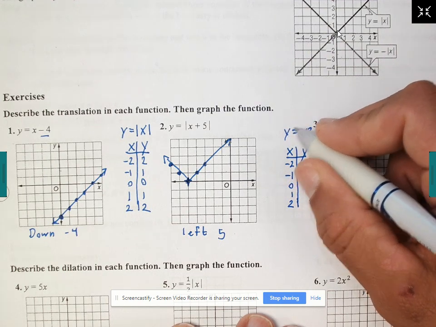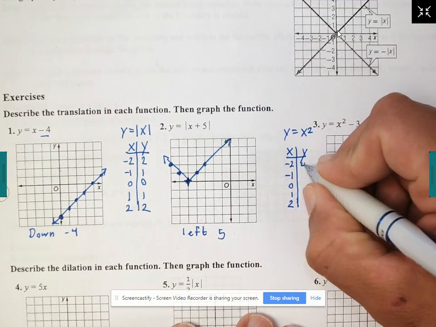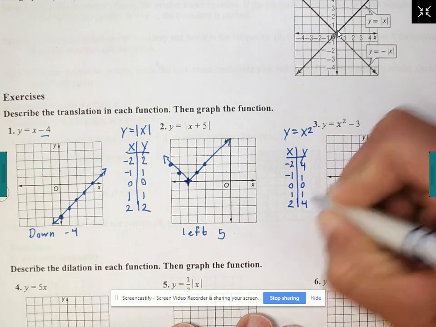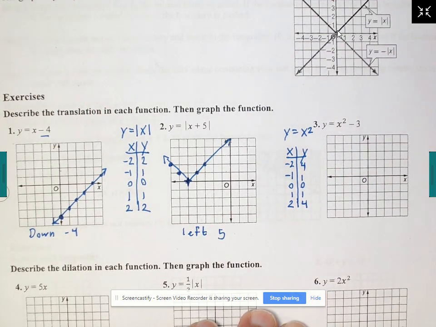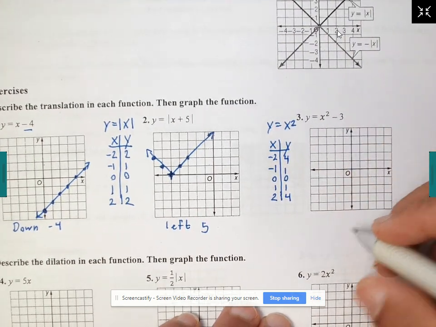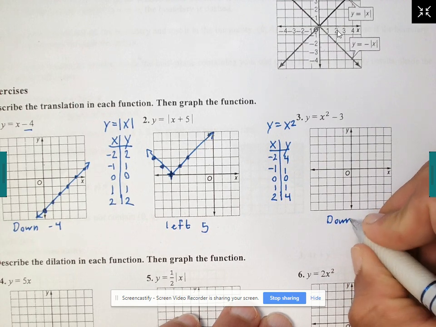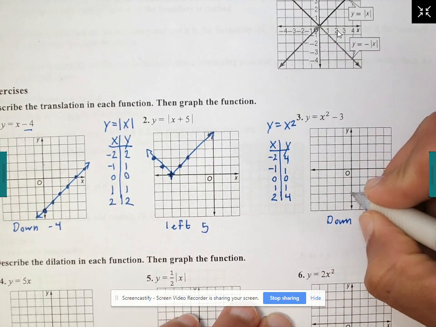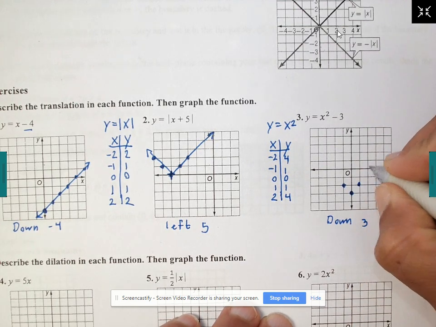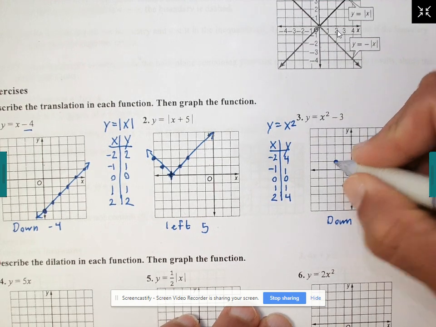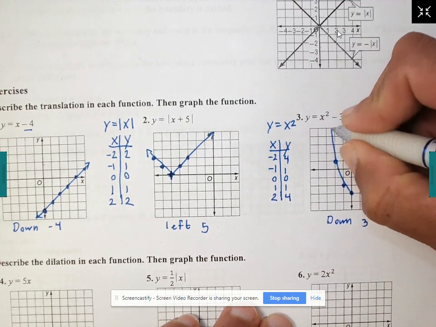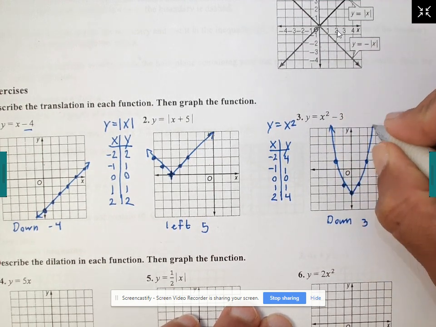So if I square the x, I get the y: 4, 1, 0, 1, 4. Now, all this means in this one, we're going to go down 3. And then we're going to graph this, right? So we have that right there. Again, I understand that I'm going pretty fast. Please go back and look at the previous unit if you have trouble with this.